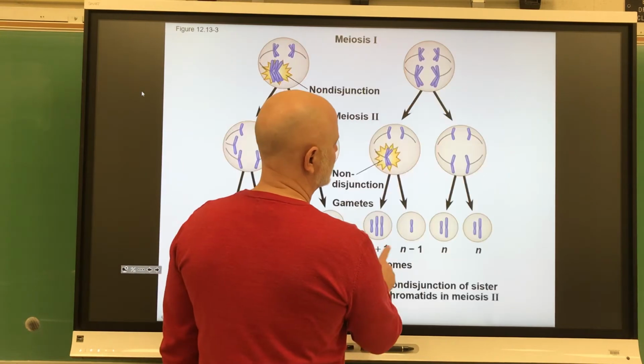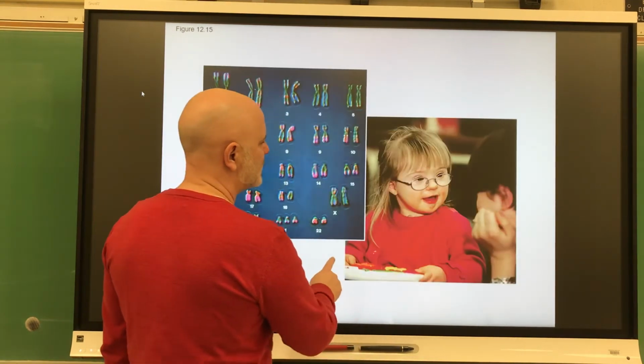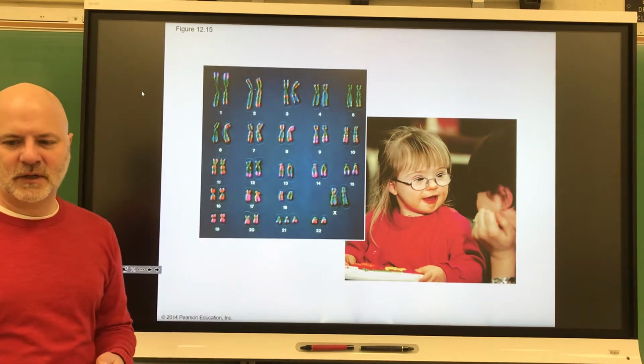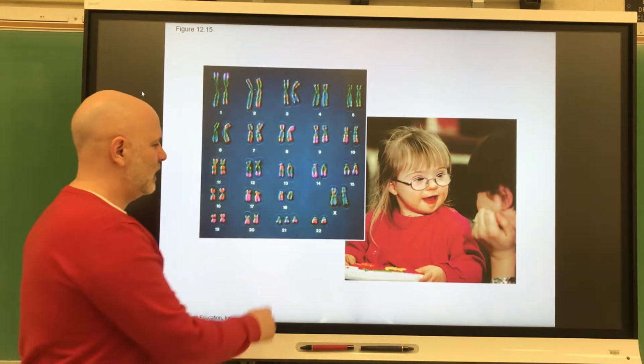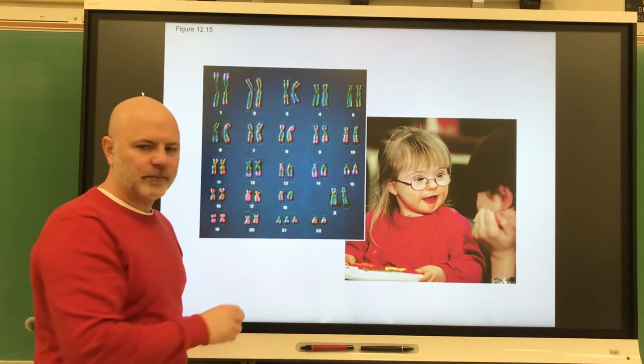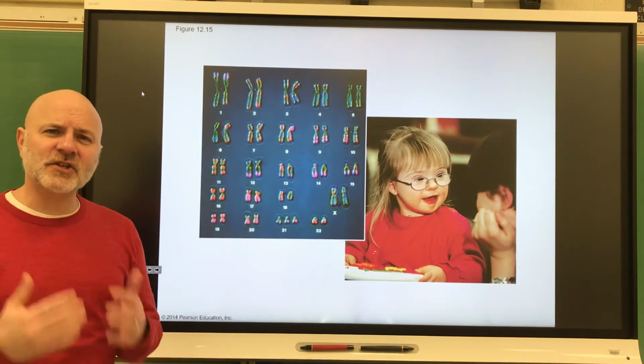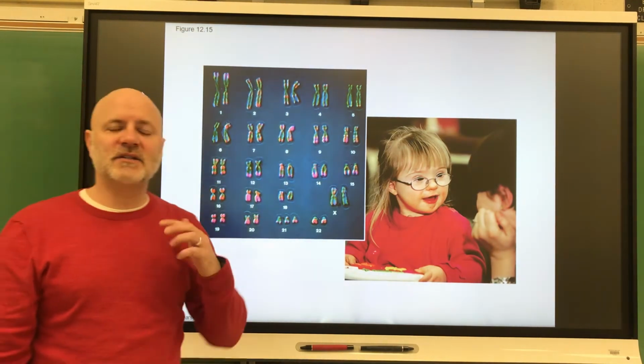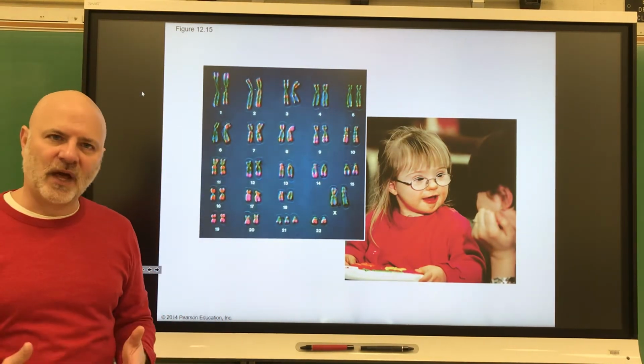The other case is called a trisomy, where you get 1 extra chromosome. So this is a cell with 1 extra chromosome. Now, if this is autosomal, one of these non-sex chromosomes, this is mostly lethal. It doesn't develop properly.